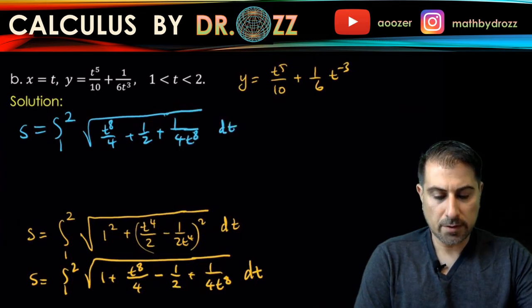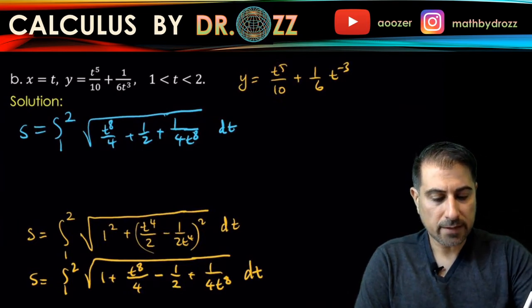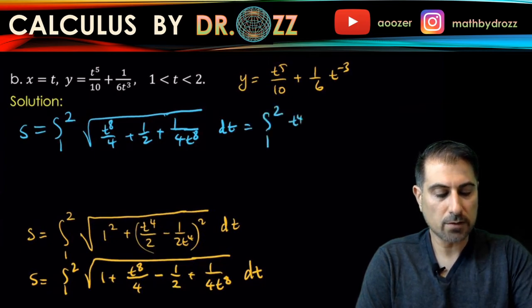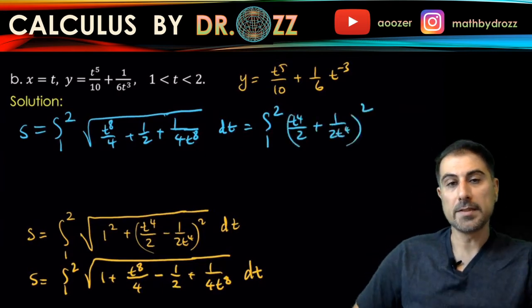So the good news is that inside the radical is in fact a perfect square. In fact, it's the perfect square of t to the fourth divided by 2 plus 1 over t to the fourth, similar to this term, but there's a plus sign over there.